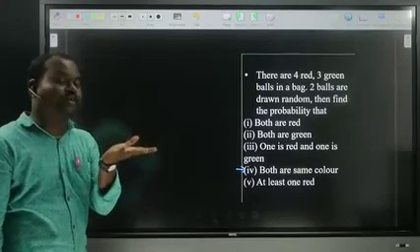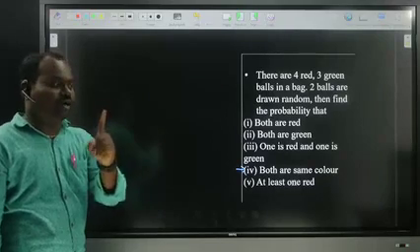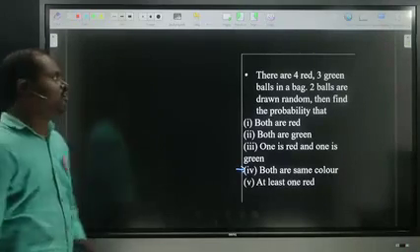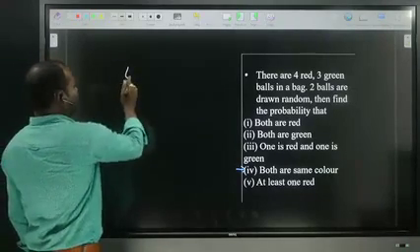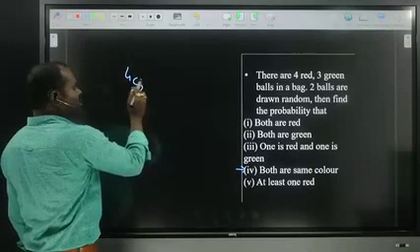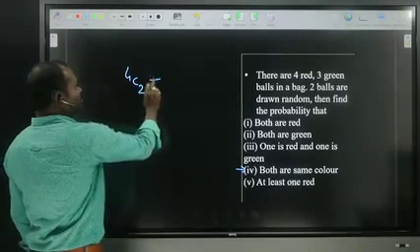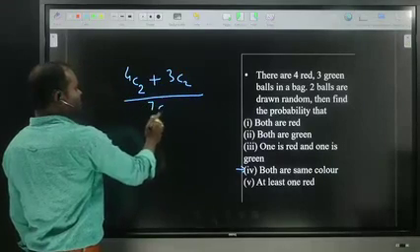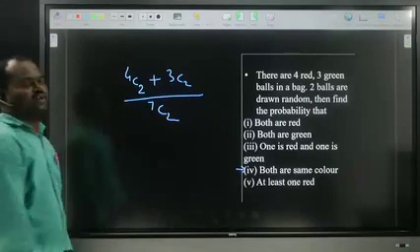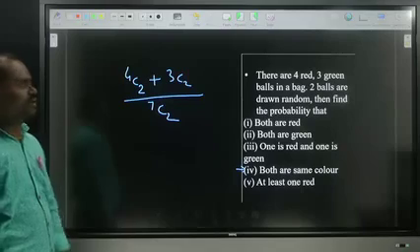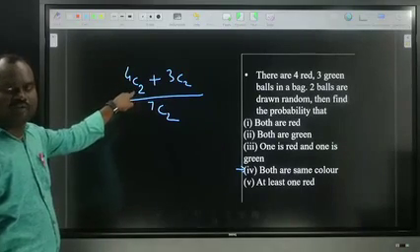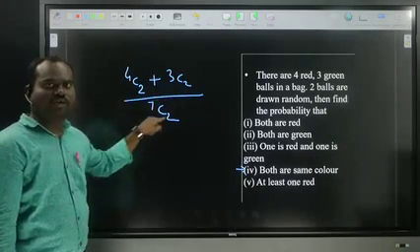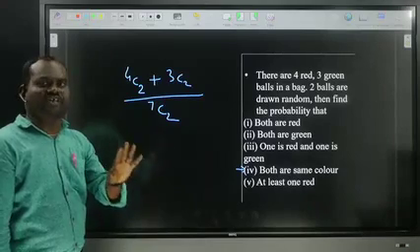In between we have to use the word 'or', which means we should take addition. Now that means we can write 4C2, both are red, or that means plus, both are green 3C2 by 7C2. 4C2 plus 3C2 by 7C2. Now if you observe carefully, by 2 factorial here we will get, here also we will get. That means 2 factorial gets cancelled.